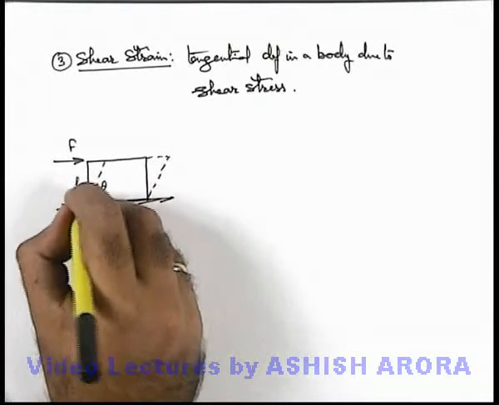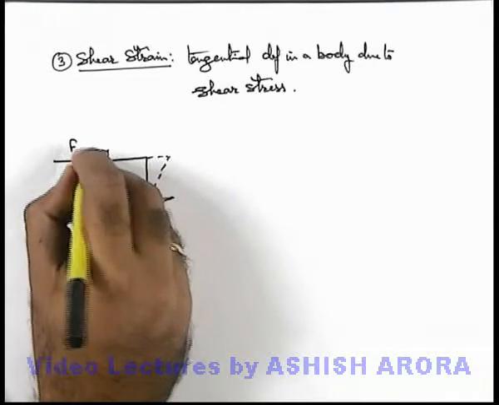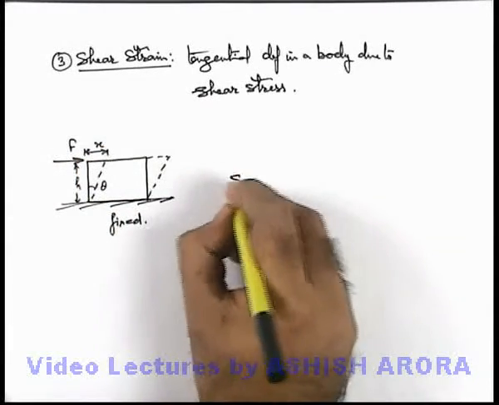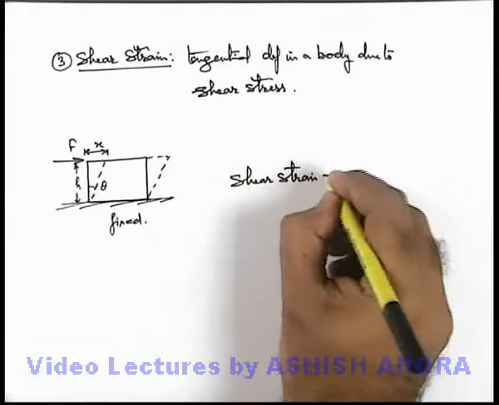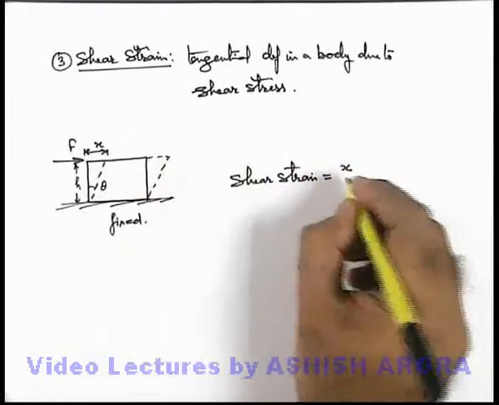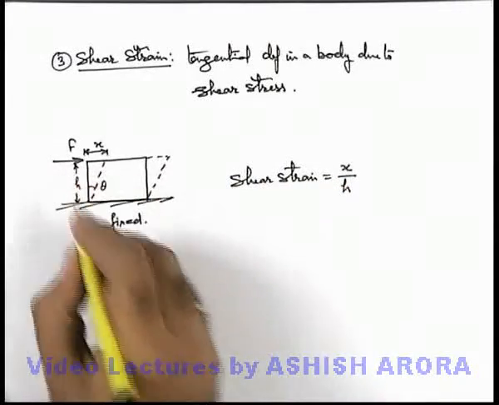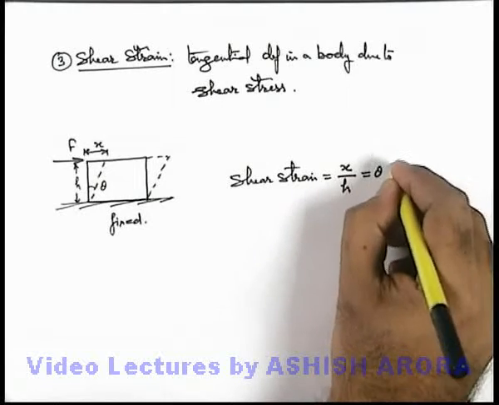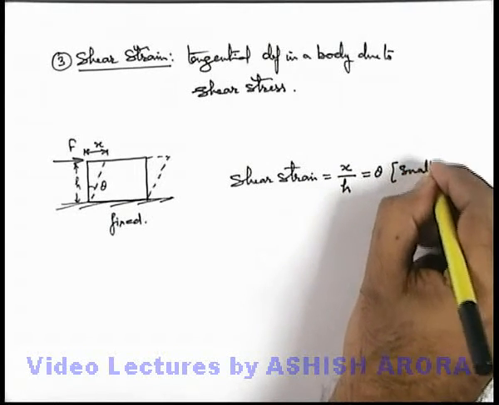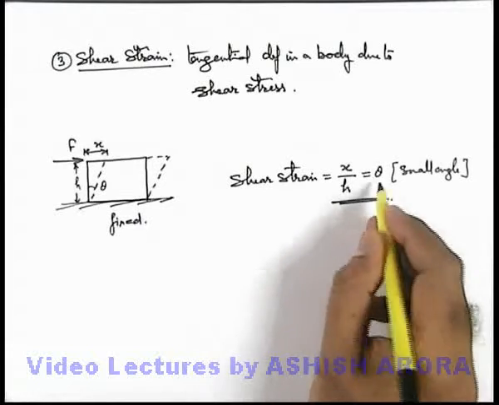Say if the height of body is h and its tangential deformation is x, in this situation we can define shear strain as the deforming length x divided by the actual height of the body in which the deformation is taking place, which can be approximately written as theta, which is generally taken as a small angle. Then only we can take shear strain as theta.